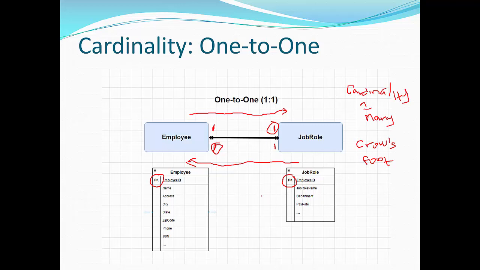Some people will tell you that the one-to-one cardinality is not a good cardinality to design your model on, but I would say it depends, right? So you need to know the reasons why you have decided to leave a one-to-one cardinality.